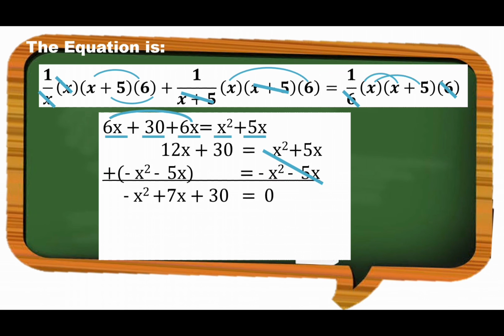We have negative x squared plus 7x plus 30 is equal to 0. As you can see, x squared is negative. That's why we're going to multiply the whole equation by negative 1. So that will be x squared minus 7x minus 30 is equal to 0.